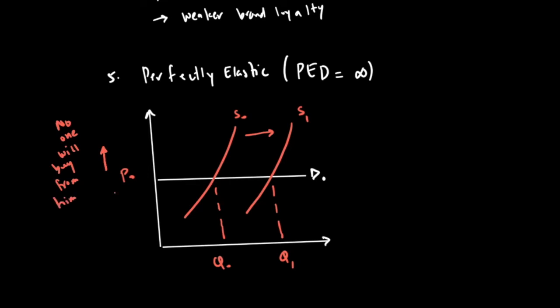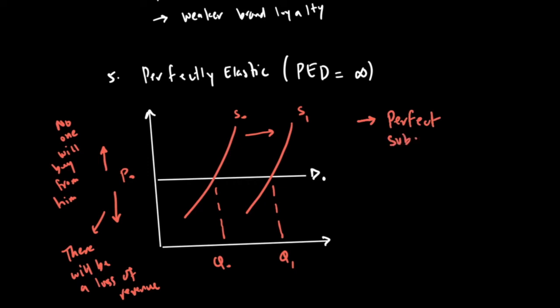But if the producer decides to reduce price below P0, then there will be a loss of revenue. This is a good where you cannot charge any price but P0, and you are in a market where there are so many firms that there are perfect substitutes available for your good.